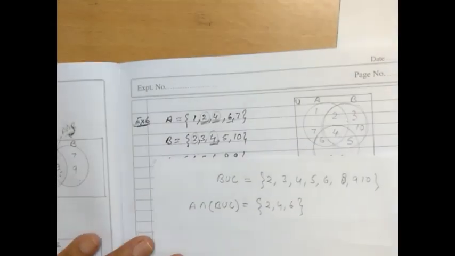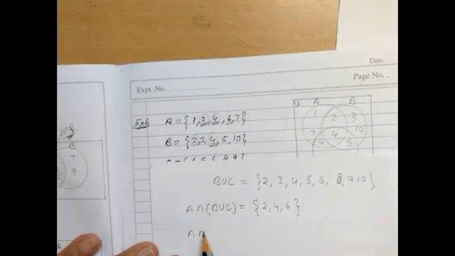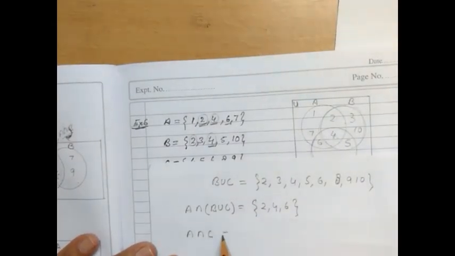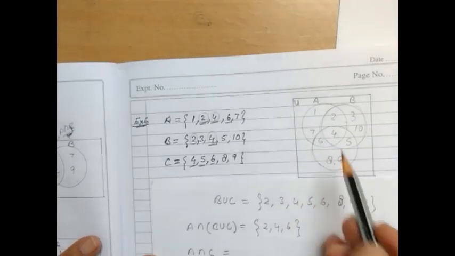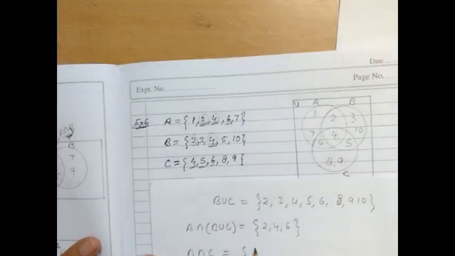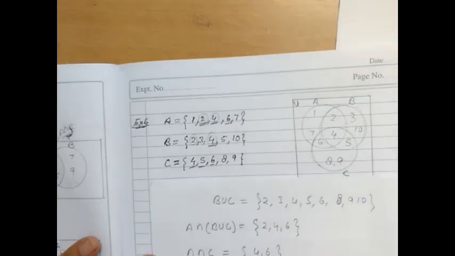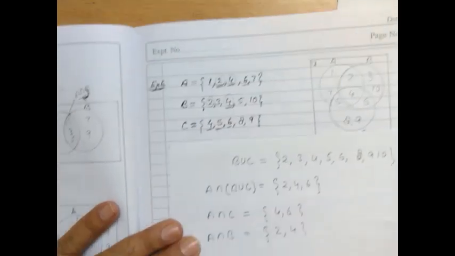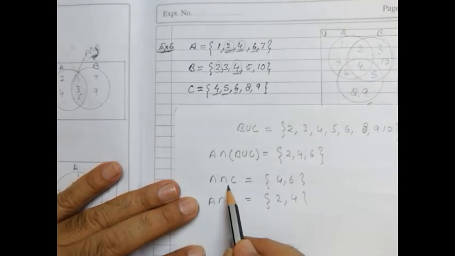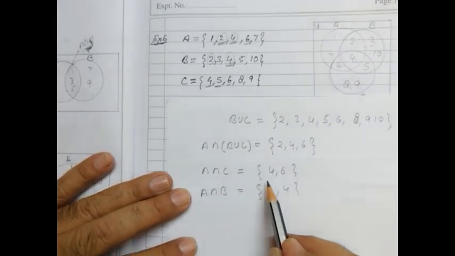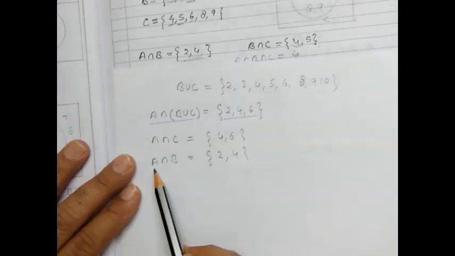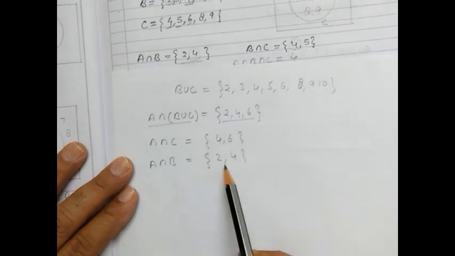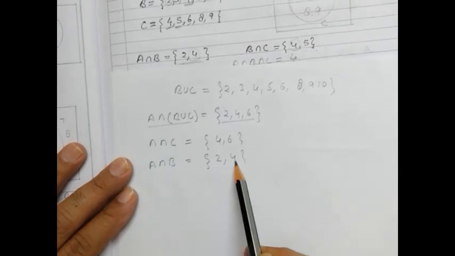So first we find out A intersection C. A intersection C we will be getting 4 and 6. When we are talking about A intersection B, we will have 2 and 4. So here we will be having A intersection C as 4 and 6. A intersection B is equal to 2, 4.